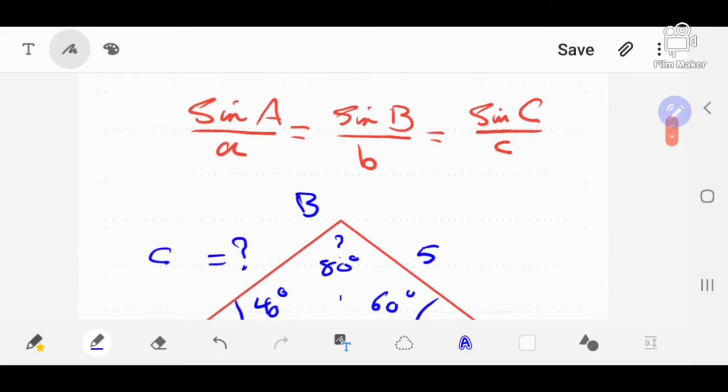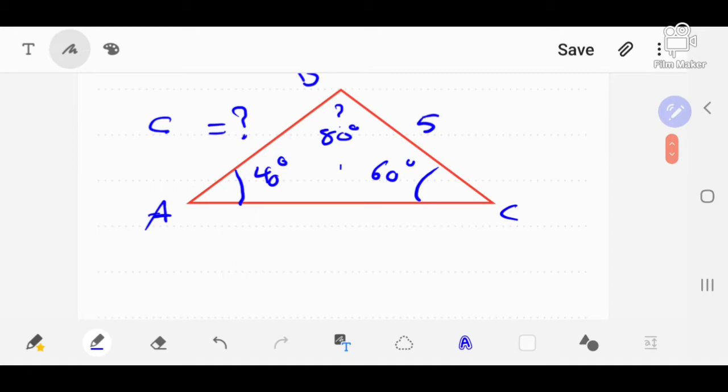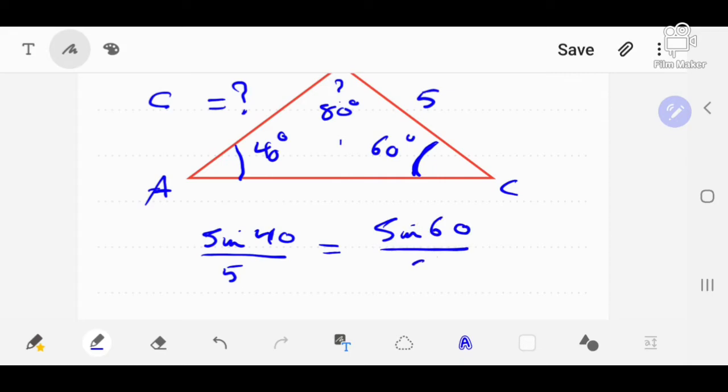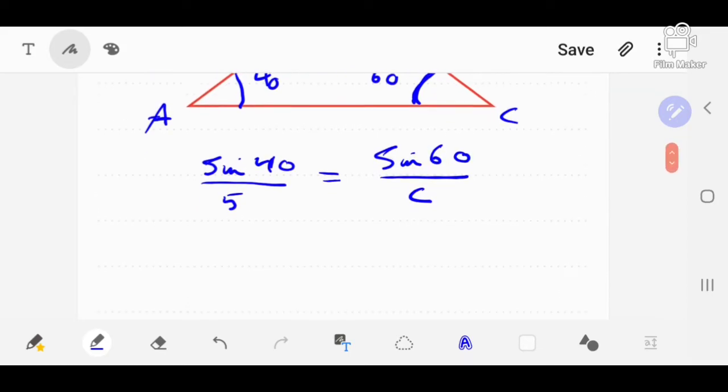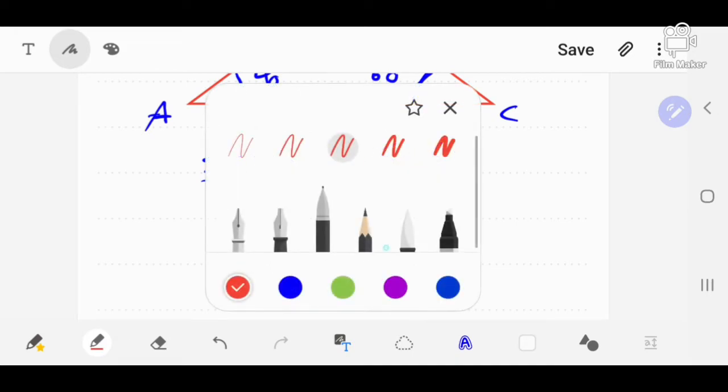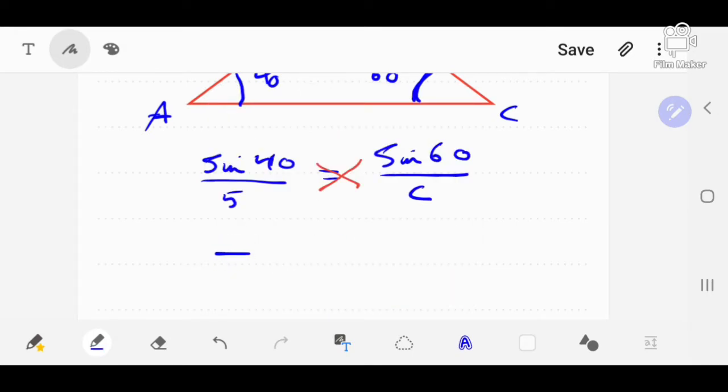So we will have sine 40 over 5 equal to sine 60 over side c. How am I going to solve this? That's a simple ratio. By cross multiplication, you will get c times sine 40 is equal to 5 times sine 60.